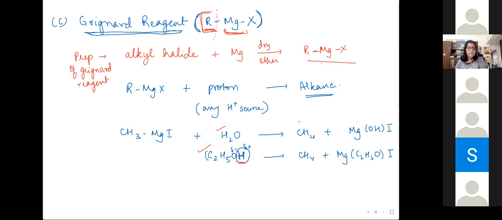One thing to remember is that if you're using Grignard reagent, you get an alkane out of whatever is attached to the Grignard reagent. You can see in this example, even though I took C2H5OH, I didn't get ethane. I got methane because it is CH3 that is attached over here.